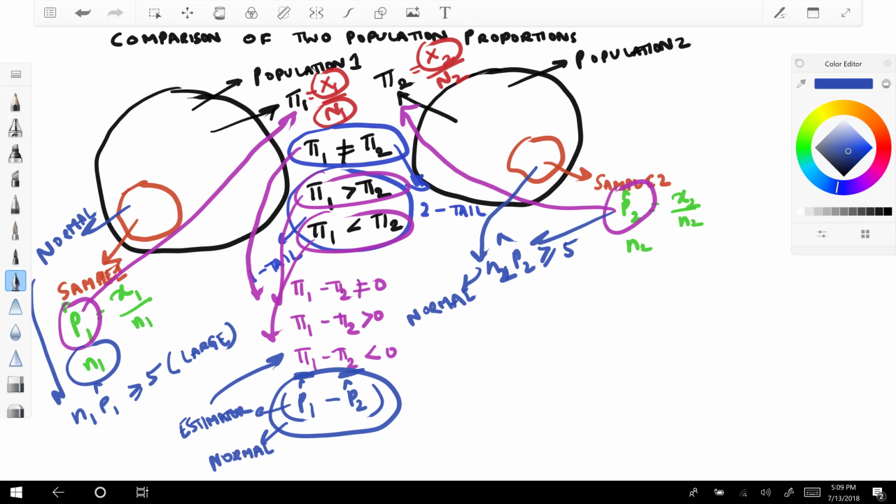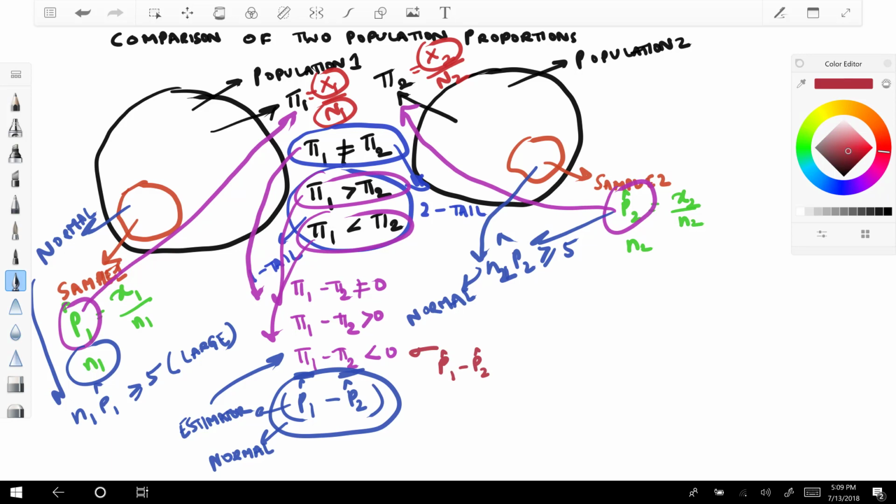So if we establish that as normal based on the central limit theorem, we need the standard deviation, which can be represented by sigma of P1 hat minus P2 hat.